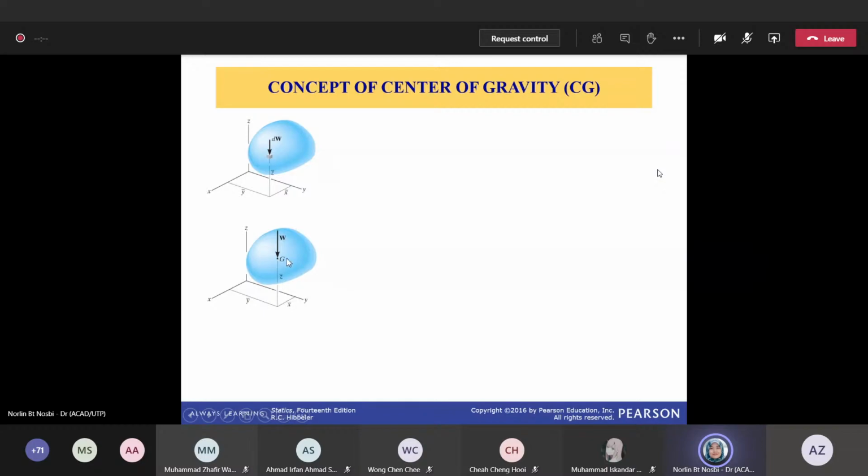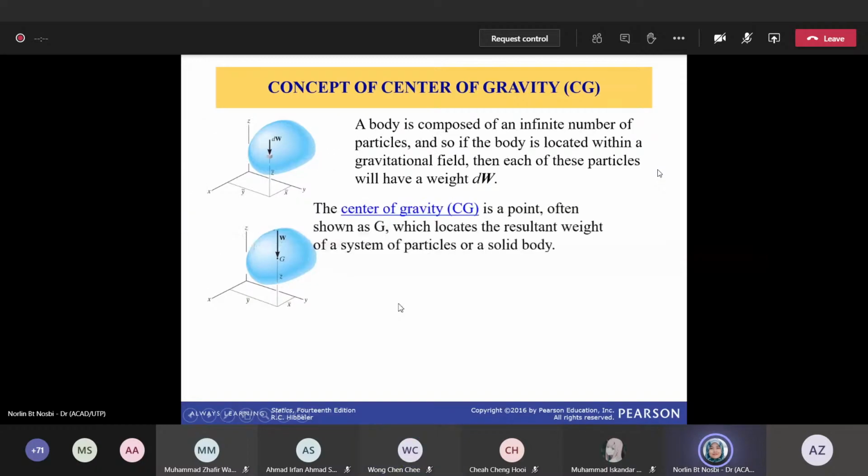You can label it as G. This shows you the resultant weight of this structure, of this system, of this body. Okay, is it clear until now before I go further? All the description is here. Okay.